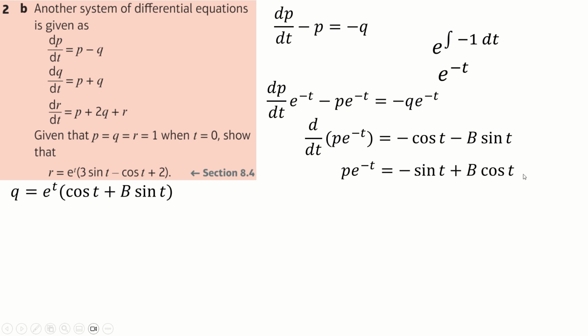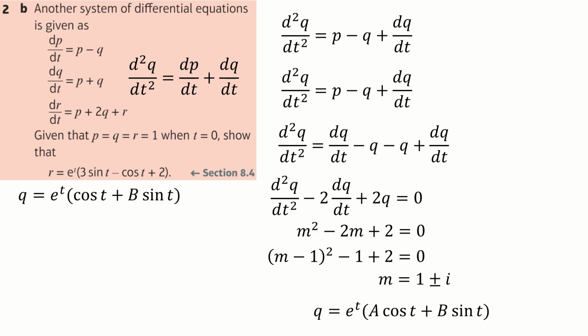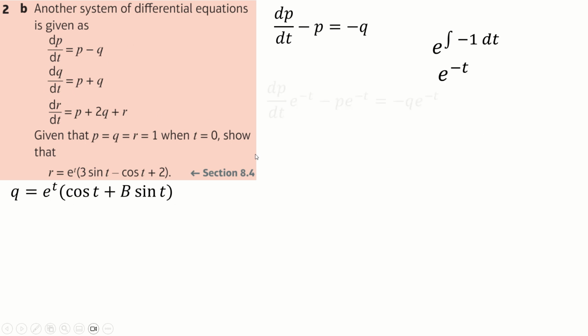Now, there isn't a plus c, and I think I can justify that for two reasons. The first reason is, like I said, you could do exactly the same working for this and arrive at p equals this thing, which obviously doesn't have a constant on the end, if you just start with this one here and do exactly the same steps with the other equations. That's my first justification.